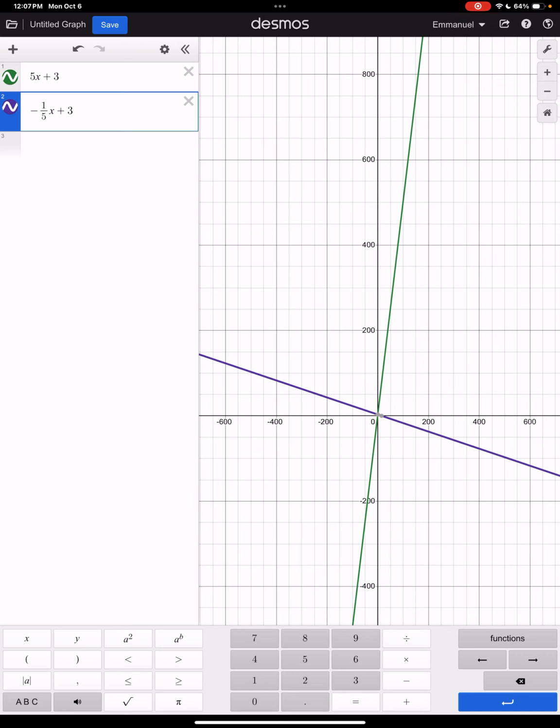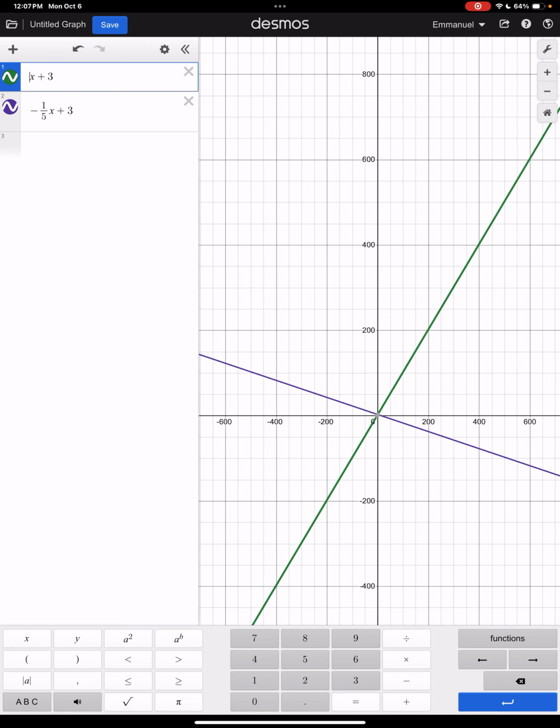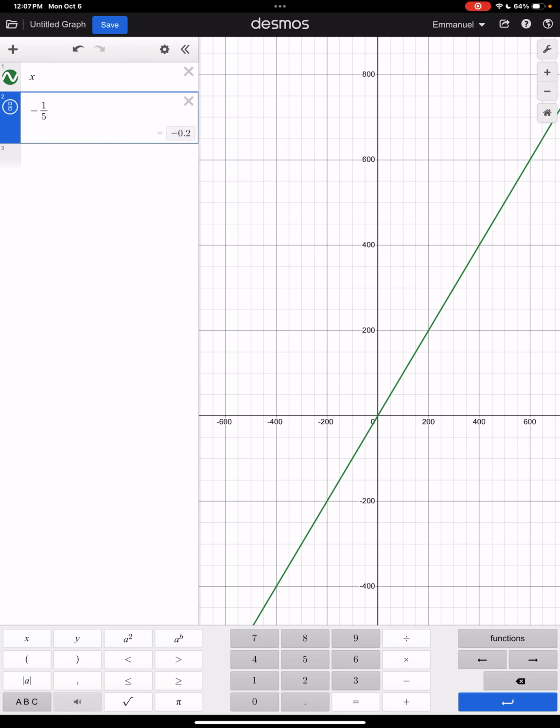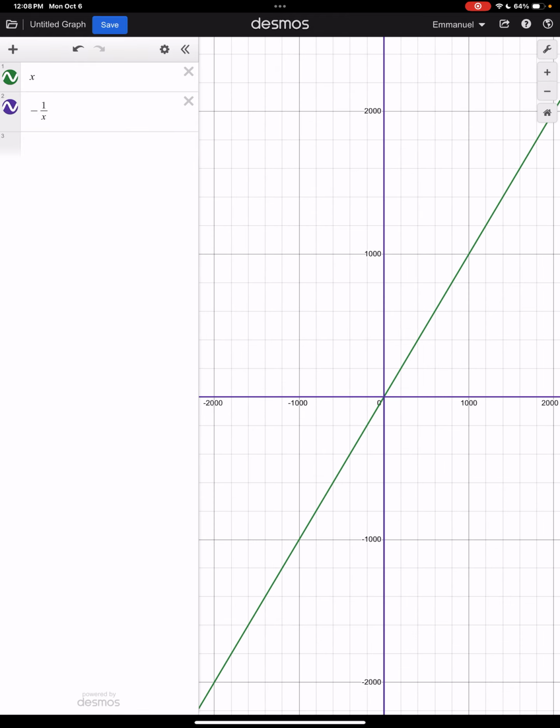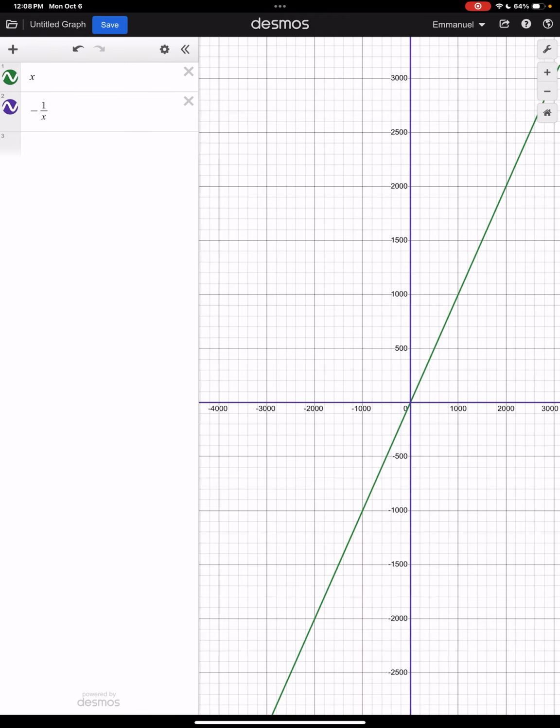If I have x, just the x, and minus 1 over x, I expect that line to be the other. Oh, that's the product symbol.